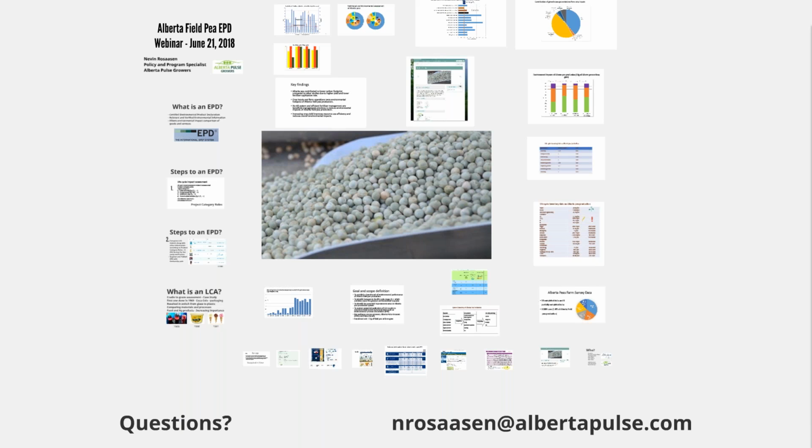And that's more of a producer-focused tool rather than a marketing or environmental awareness tool like the EPD in this case. So yeah, there's a number of tools that are out there that can help producers look at how they can reduce their environmental footprint, so to speak, and ensure that they can pass that farm on to the next generation.